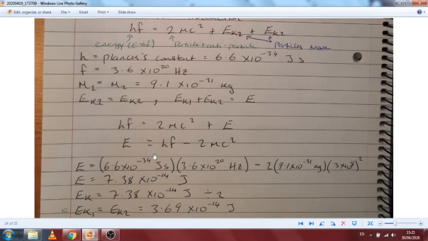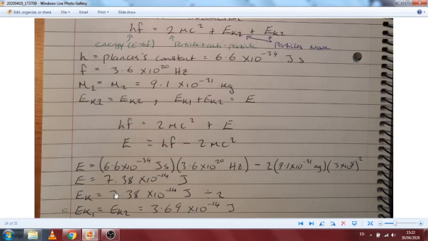So the energy is Planck's constant times the frequency minus twice the mass times the speed of light squared. When I throw that in, that energy is 7.38 by 10 to the minus 14 joules. That energy is the kinetic energy the particles will move with.